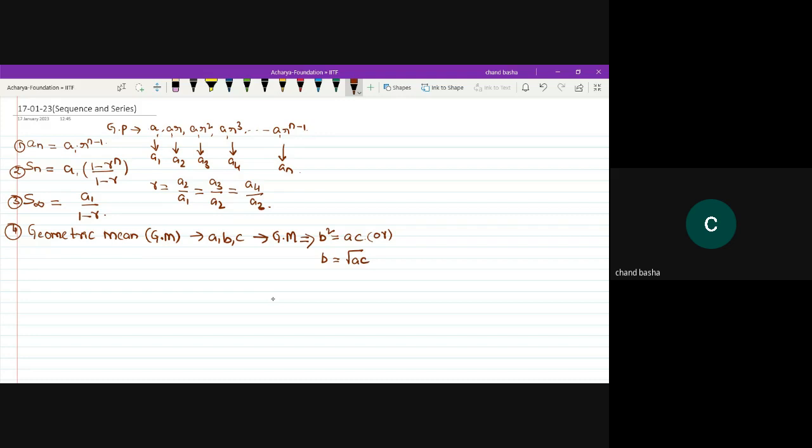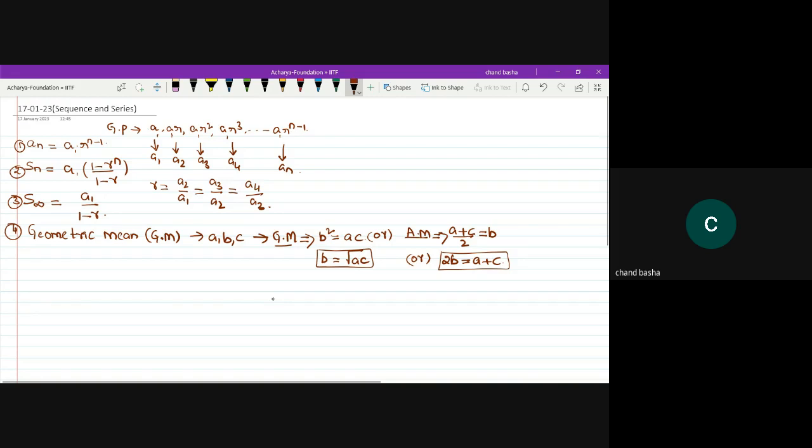Similarly, the arithmetic mean of the three numbers is (A plus C) divided by 2. That is the B value, or we can write 2B is equal to A plus C. This is the required formula for the arithmetic mean, and the other is the geometric mean formula. Even by using these arithmetic and geometric means, you can identify whether the given sequence is in AP or GP.